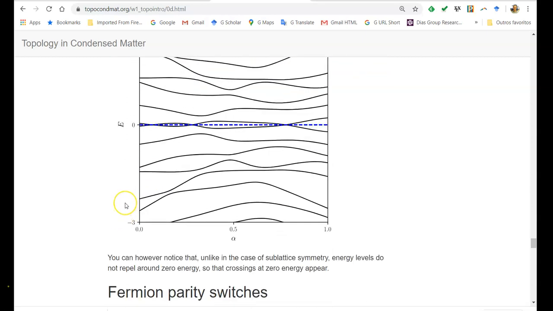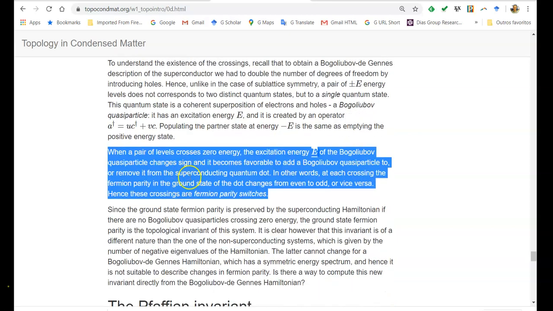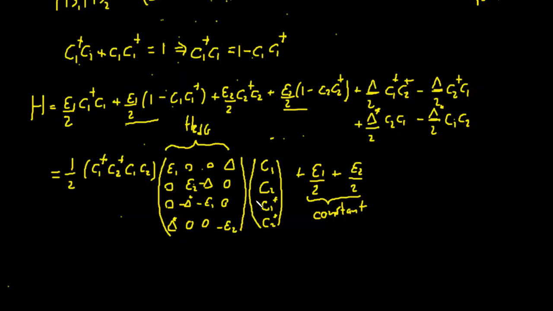I strongly recommend this site if you want to learn more about topological insulators, topological superconductors, Majorana fermions, and things like that. As I mentioned in the last video, me and my students were discussing this paragraph: what does it mean that when you have a pair of levels crossing zero energy, you have a parity switch? So let's keep going.